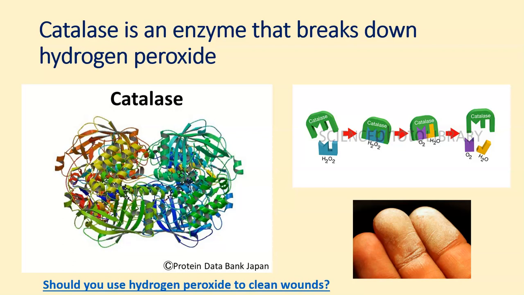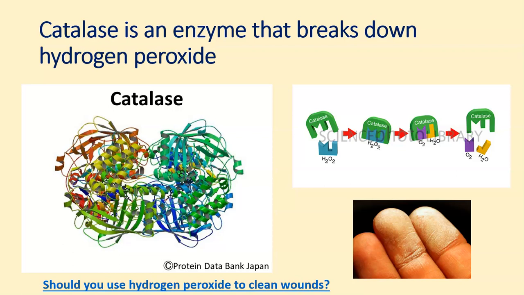Now back to our bodies, catalase is readily available in our bodies, and it works very, very quickly. And this is another property of enzymes. Enzymes are reusable. One catalase can take on many, many hydrogen peroxides in its useful lifetime.